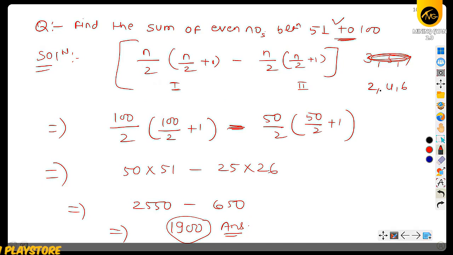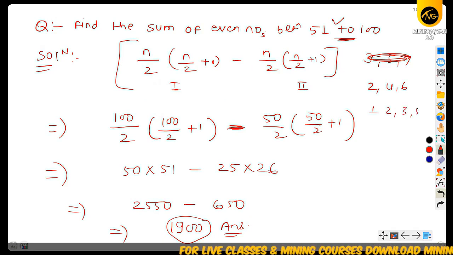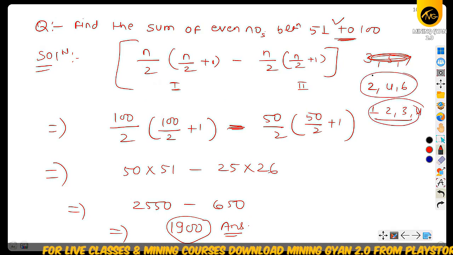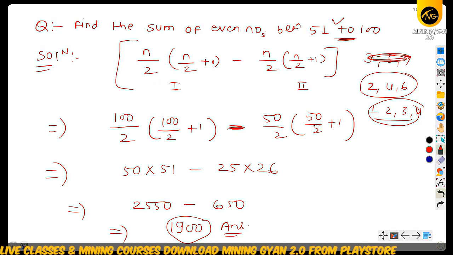So in this case we have to skip one number at every step. And before this, what were we doing? The series of numbers 1, 2, 3 and 4. So this is a different series and this one is a different series. That's why you have to use another formula to find the sum of even numbers, or the sum of odd numbers.